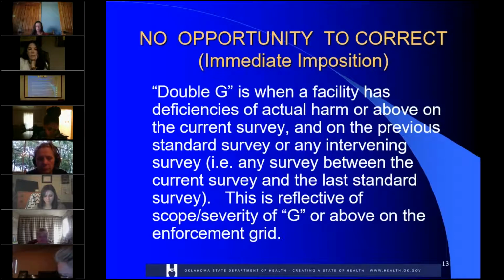So if we're here for a standard survey today and you have a G, let's say it's a G at F600, which is abuse, okay? So we're automatically going to be citing a G, and because it's that, it's going to get a fine for that abuse. It'll get a 15-day DPNA also because of that.